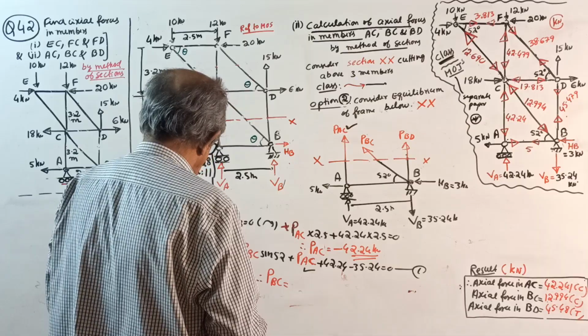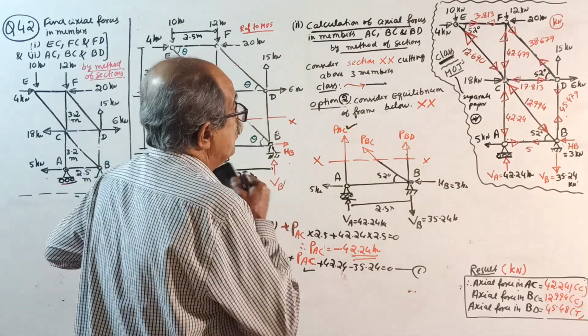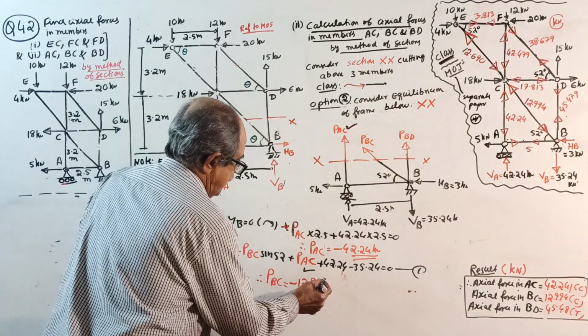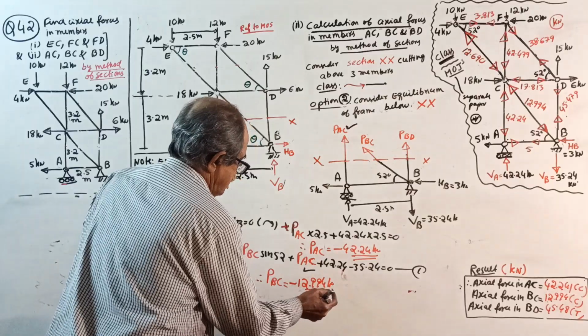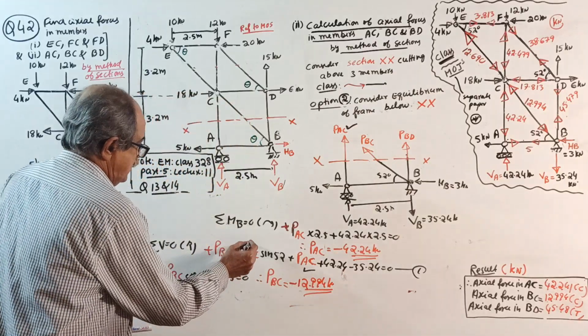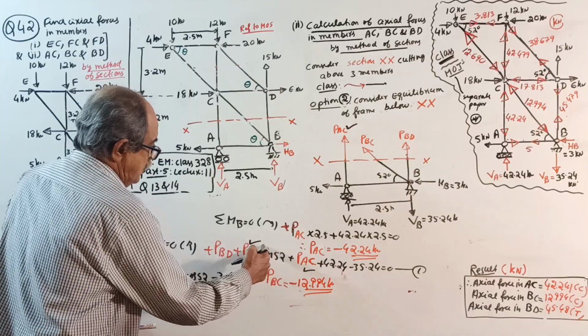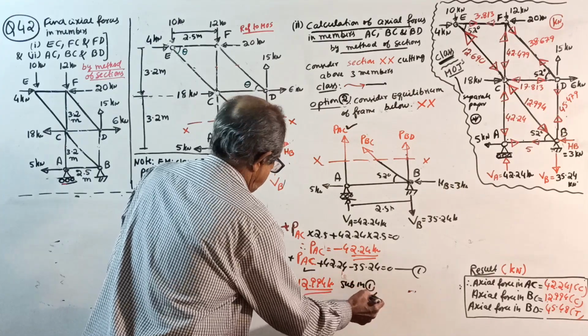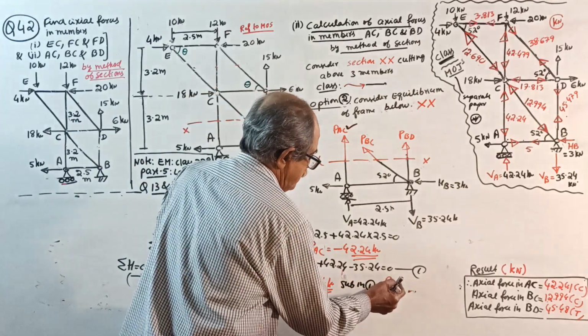Minus 12.994, minus 12.994 kilonewton. So now, PBC known, PAC known, substitute in 1, we get the value of PBD.